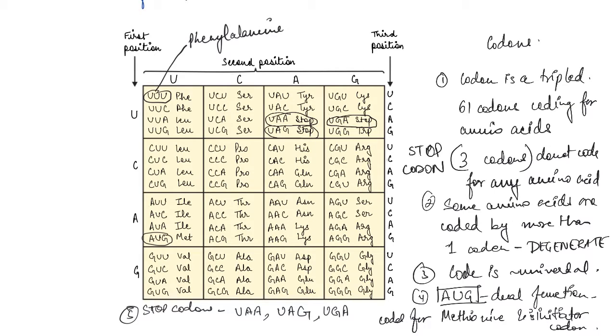So we have one initiator codon, guys, which is AUG, but it also codes for the amino acid methionine. And then we have three stop codons, UAA, UAG, and UGA, right? So this basically is the genetic code.